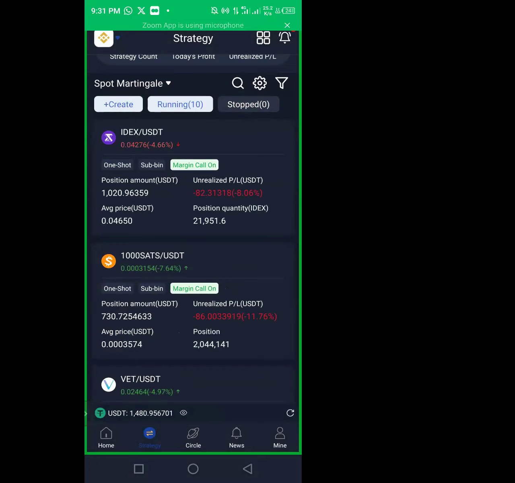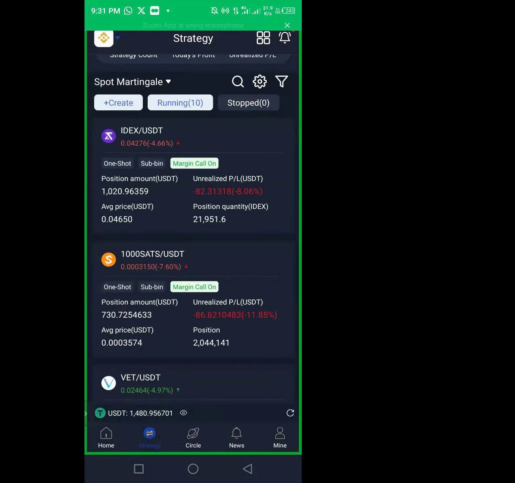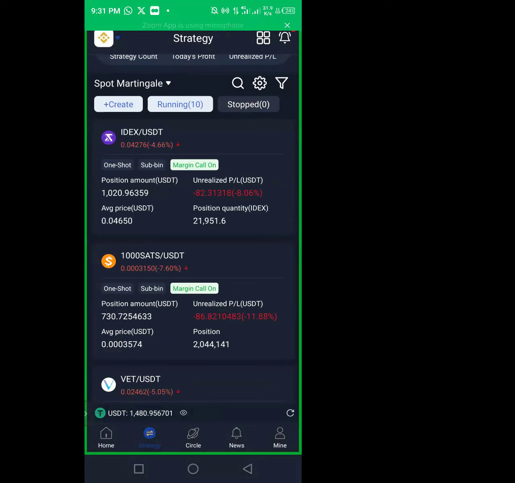But I'm supposed to do it with 100% of the position amount. This 1,000 starts, the total USDT in the coin is 730.